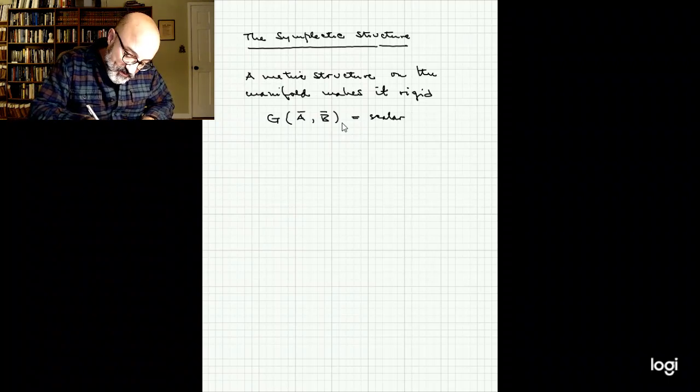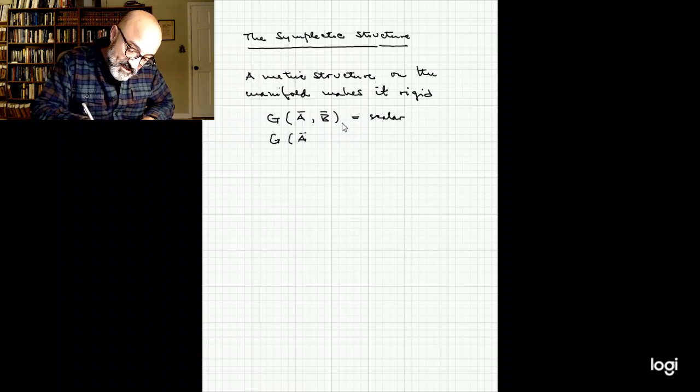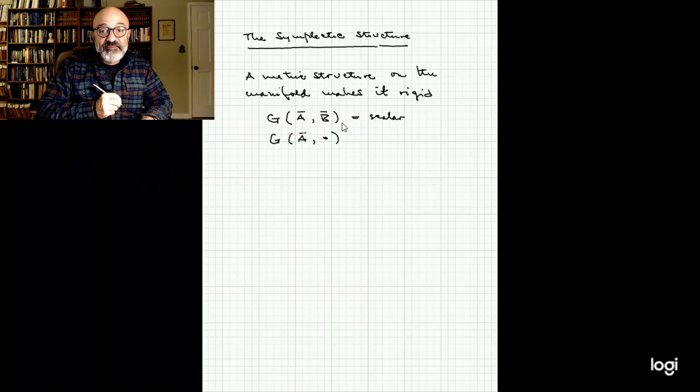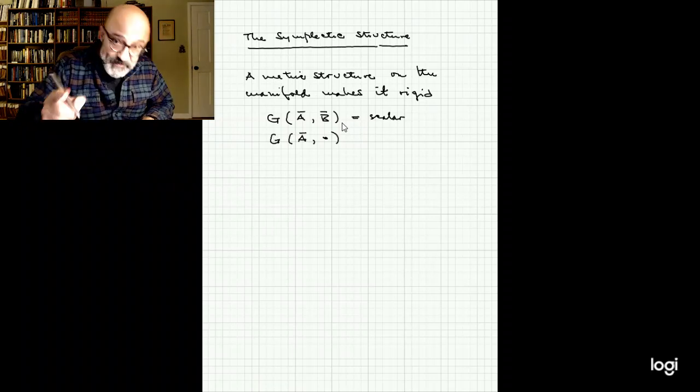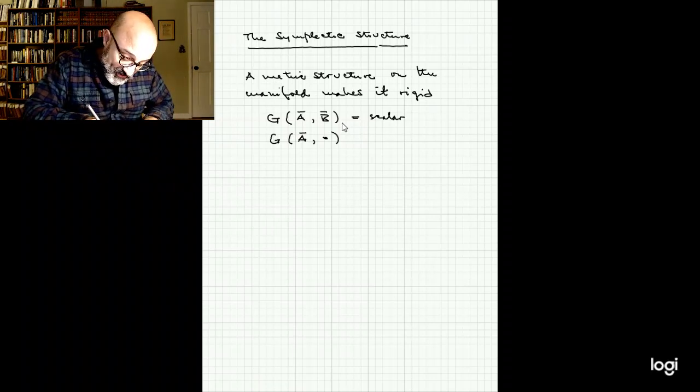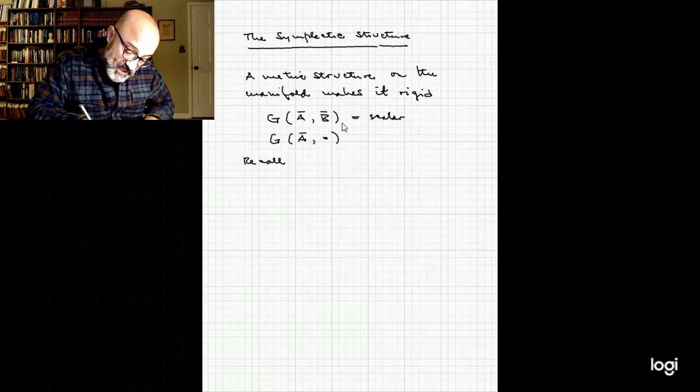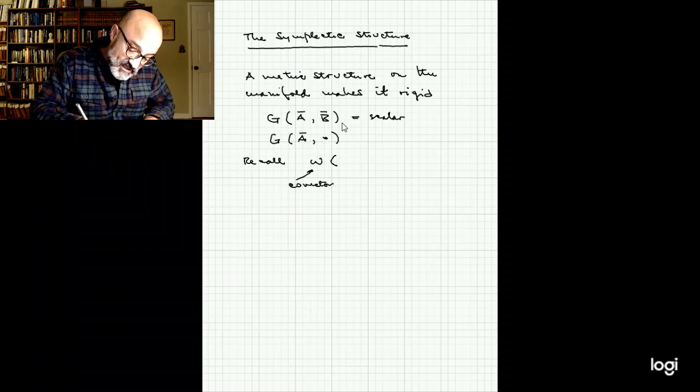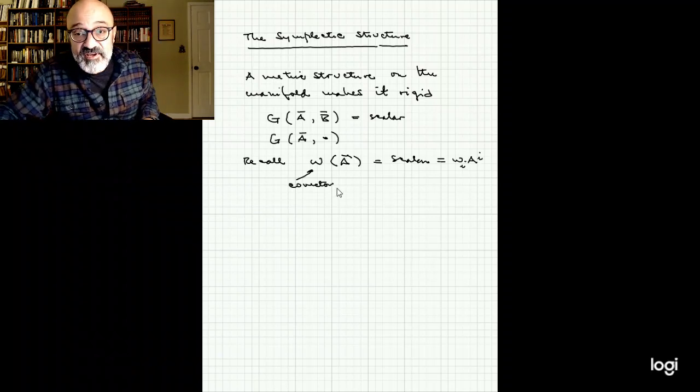If you were to leave one of the two slots open, what is this? Well, basically recall the following. If you have a covector acting on a vector, this gives you a scalar. In this case, the scalar is something like an expression of this form.